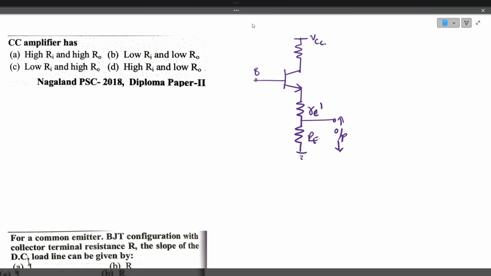If you see the input impedance from this particular point, it is VB divided by IB. If you apply the Kirchhoff voltage law in this loop, assuming this point as VB, we get VB equals IE, the emitter current, times RE dash plus IE times capital RE.